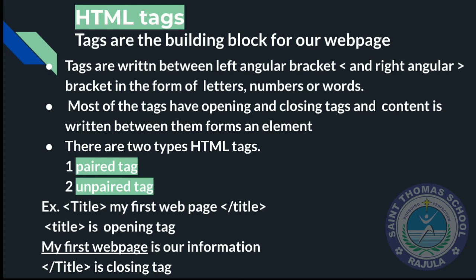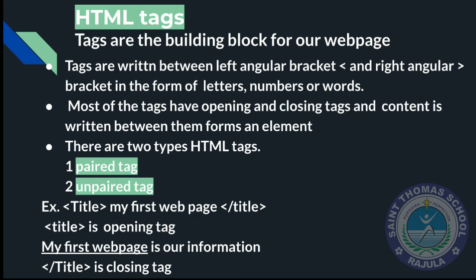First you just observe here the title is written. First the left angular bracket, then our title, that is the tag name, students, and then the closing, means the right angular bracket. So this is the opening tag. Then after that, "my first web page" is the information that I want to display.